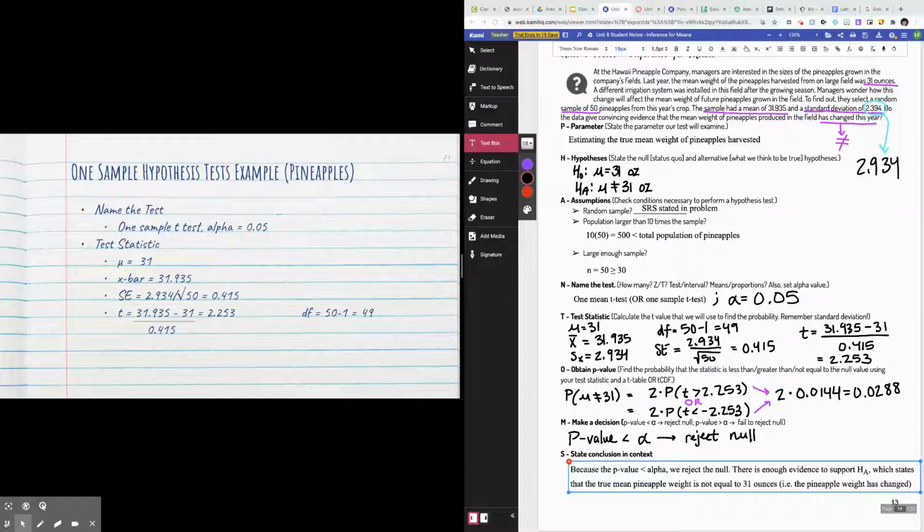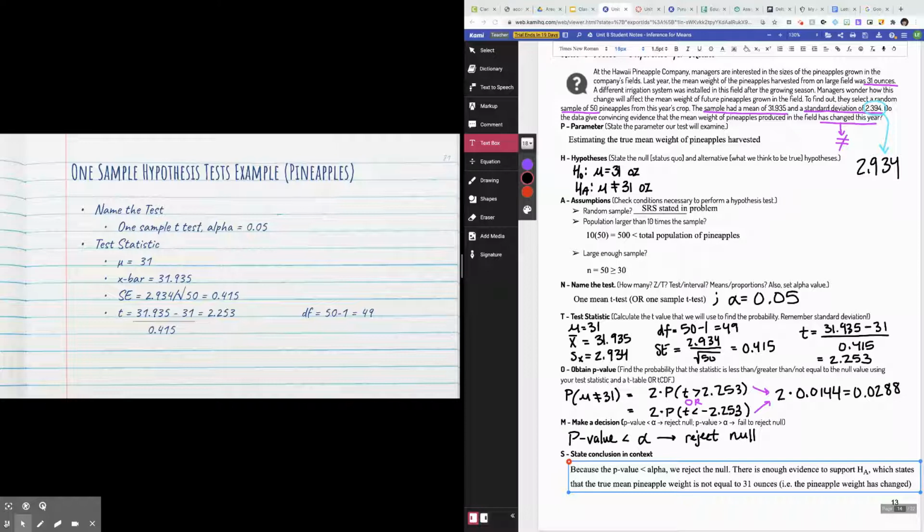Okay, so the key word here in determining what your hypotheses should be is that word changed. Okay, they don't necessarily want to know if the new irrigation system made the pineapples weigh more or if it made them weigh less. They just want to know if there's a change, which means that your hypotheses should have a not equal to sign in them.